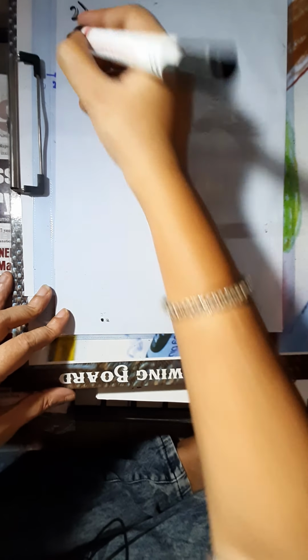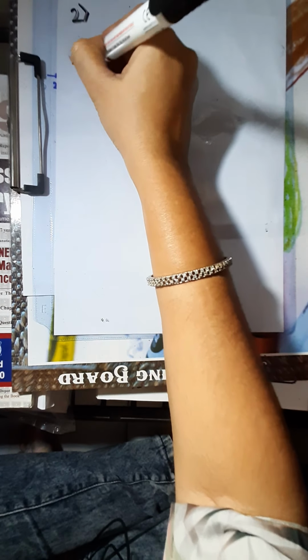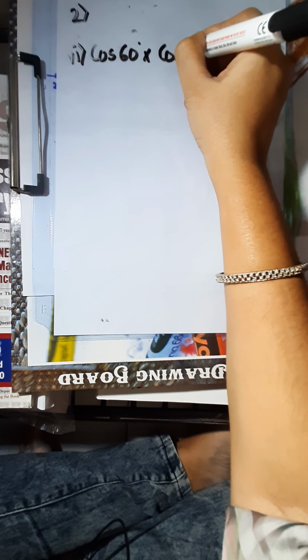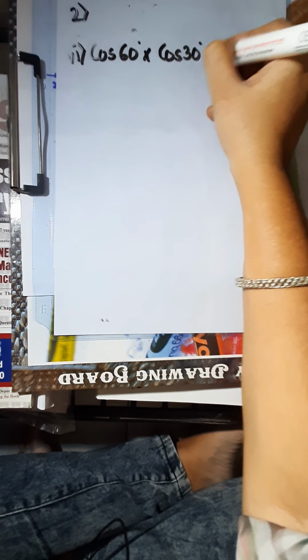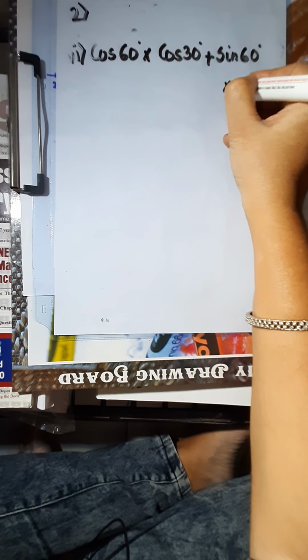The sixth question. Sixth question is cos 60 into cos 30 plus sin 60 into sin 30.